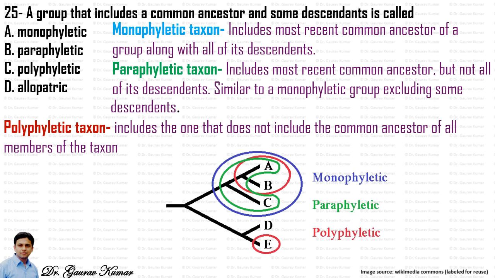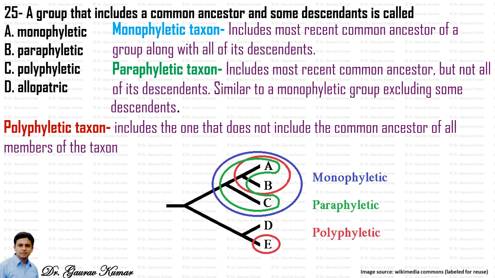The monophyletic taxon, please refer to this diagram that I have given below while you read the definition. The monophyletic taxon includes the most recent common ancestor of a group along with all of its descendants. The paraphyletic taxon includes the most recent common ancestor but not all of its descendants.